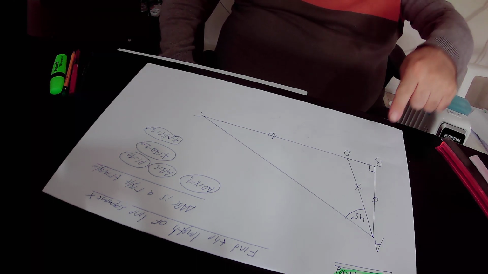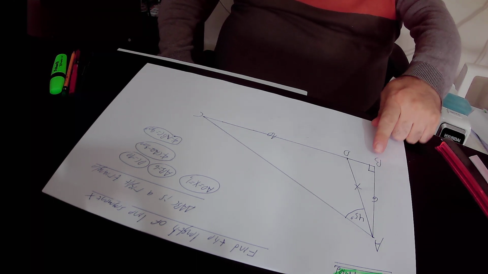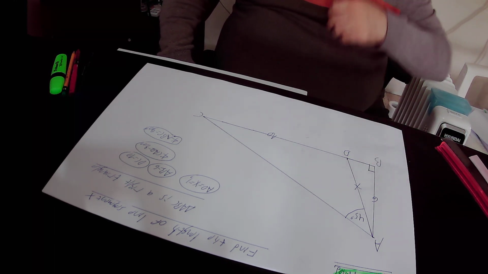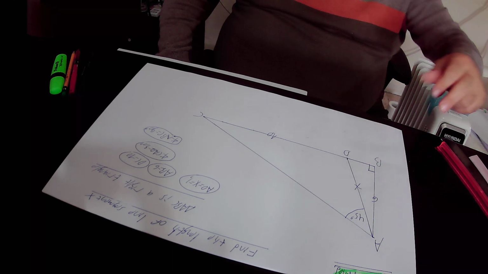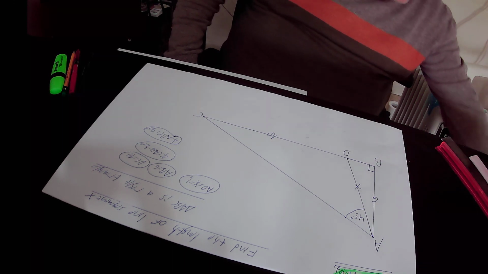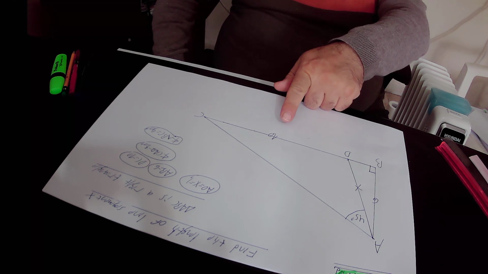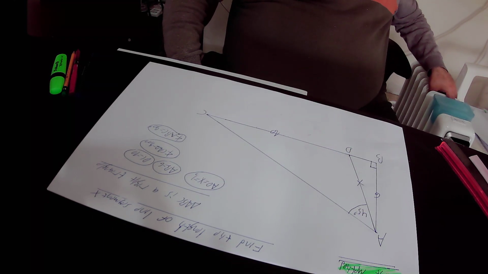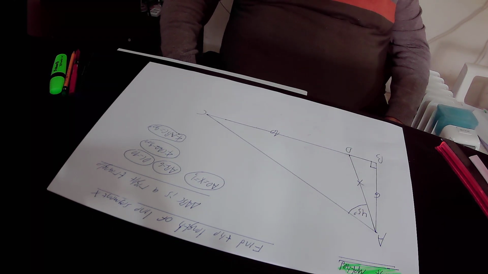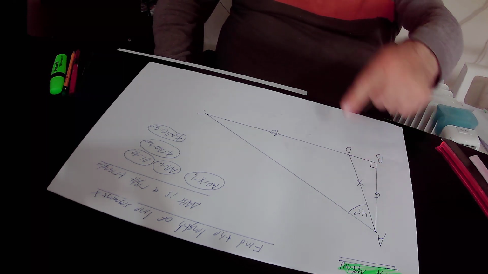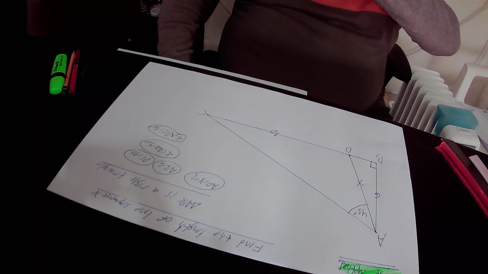We know that angle ABC equals 90 degrees, angle DAC equals 45 degrees, side AB of triangle ABC equals 6 units, and side DC equals 10 units. We want to find the value of line segment AD, which is equal to X. So we'll start with the first method.